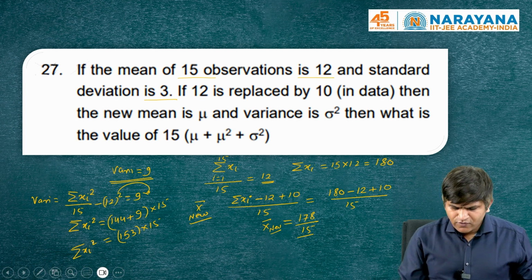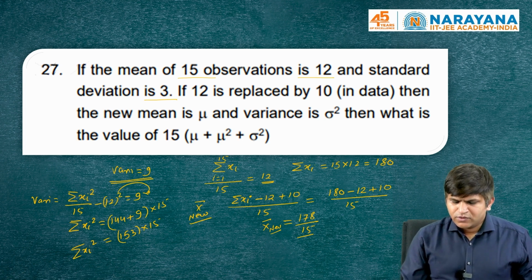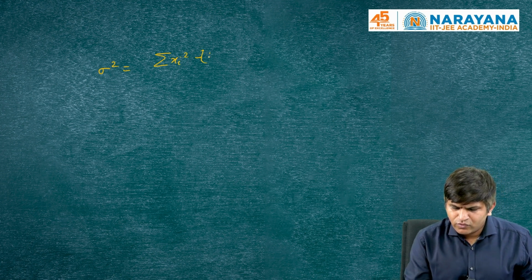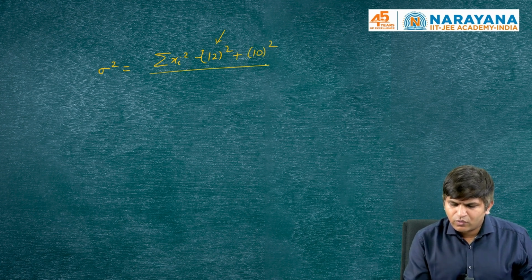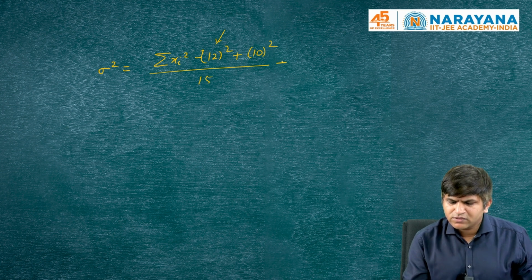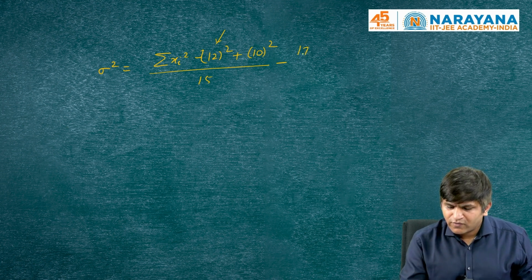Okay, now we want to write the new variance. By using the variance formula, we can write summation of xi square minus 12 square, that was the wrong entry, then the right one is 10 square, and the whole divided by 15 minus the new mean we got, 178 by 15, whole square.